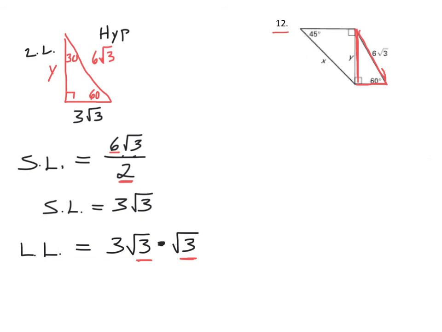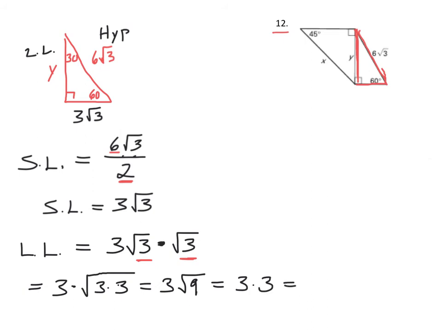So I'm still going to have that 3 on the outside. And then I'm going to have 3 times radical 3 times 3, which is going to turn into 3 times radical 9, which is going to turn into 3 times 3, which tells me that the long leg is 9. So that's my value for y.